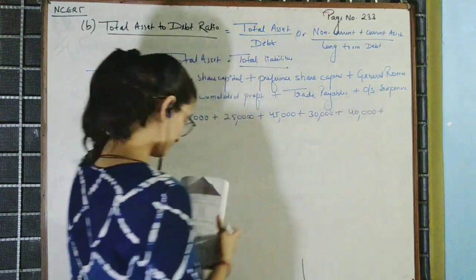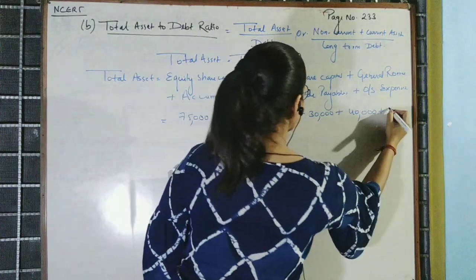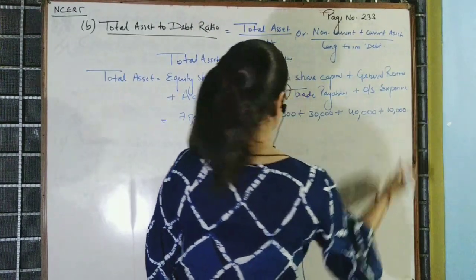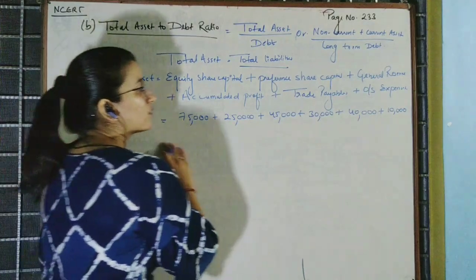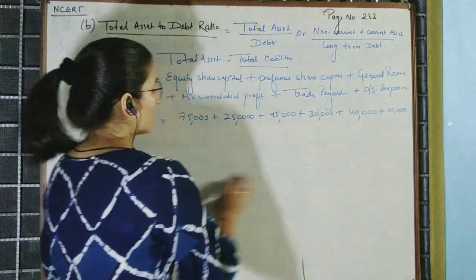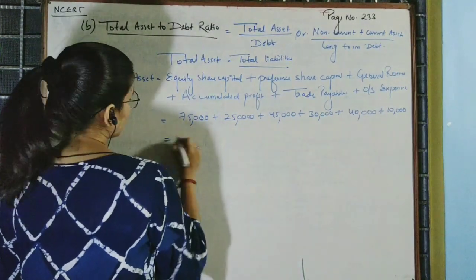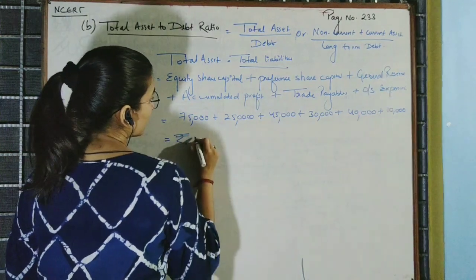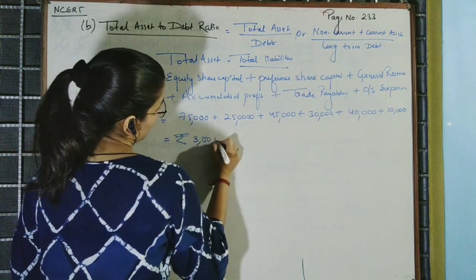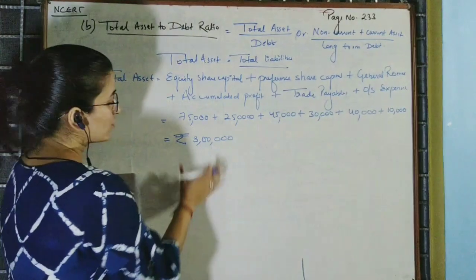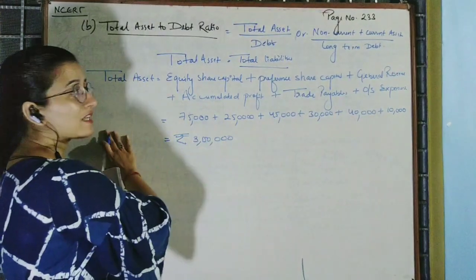And outstanding expenses is rupees 10,000. So, by adding all these amounts, we will get the total amount of asset is rupees 3 lakh. So, 3 lakh is the amount of total asset.